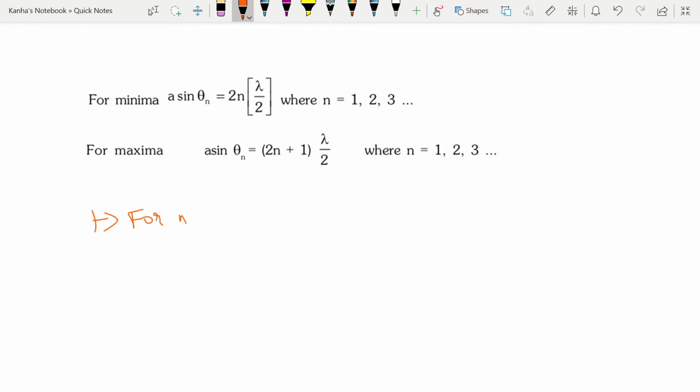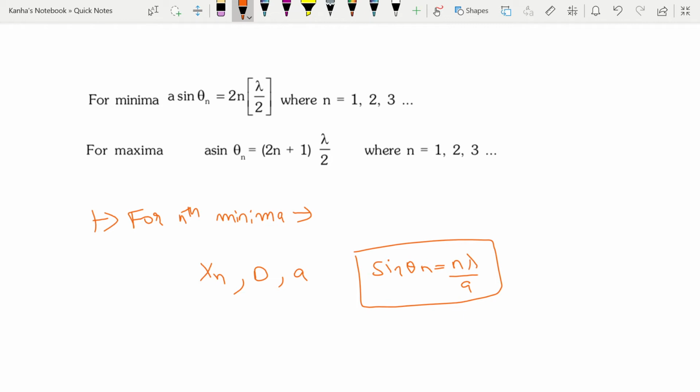For nth minima, if the distance of the nth minima from central maxima is xn, and the distance of the slit from the screen is equal to d, with slit width being equal to a, then the path difference which was given by a sine theta, as we already said, for minima you have even multiples of lambda by 2. That implies you can easily say that for nth minima, sine theta n is equal to n lambda by a.